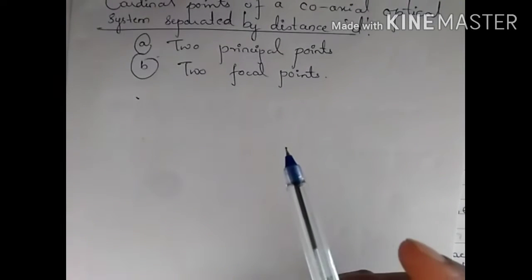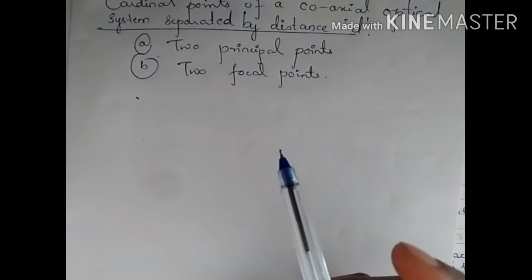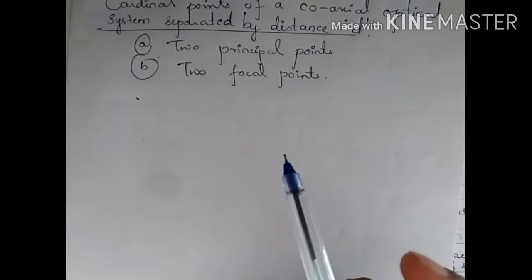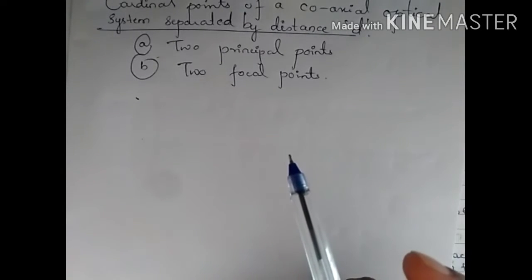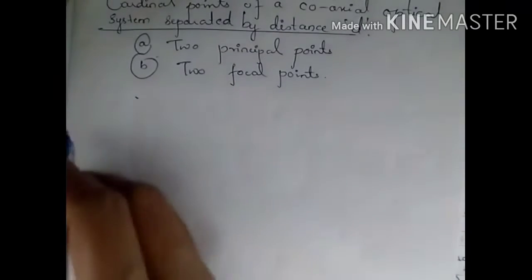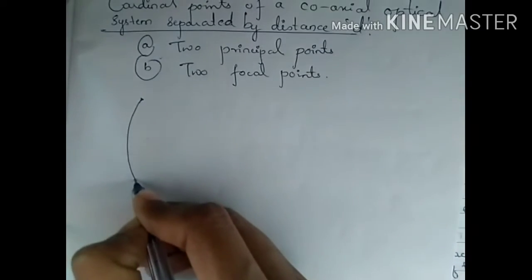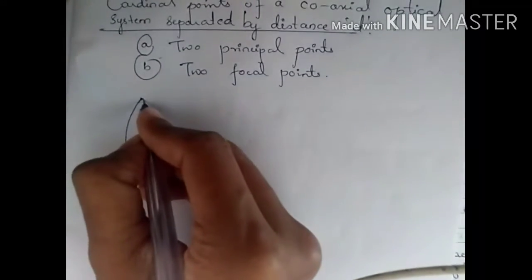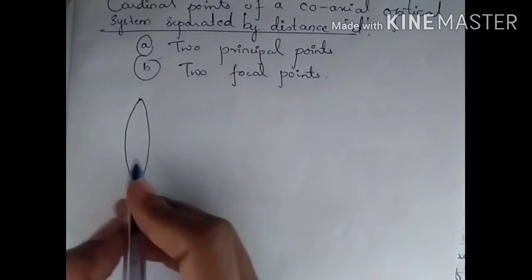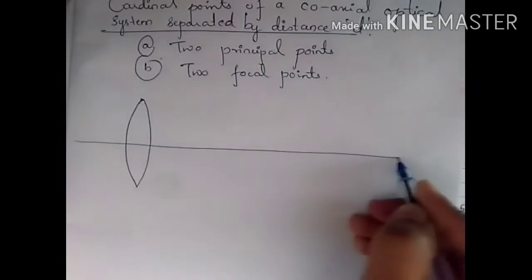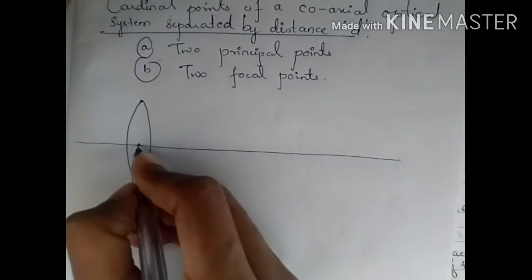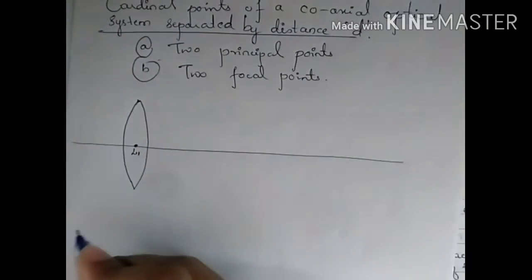To understand this, let us draw the diagram that we have already drawn in deriving the effective focal length of two thin lenses which are separated by distance d. In that case we had two thin lenses. There is a principal axis passing through the center of the lens L1.